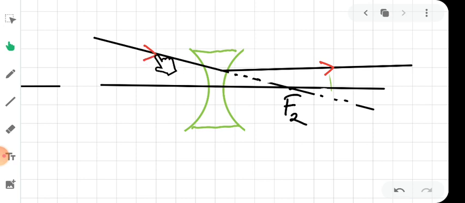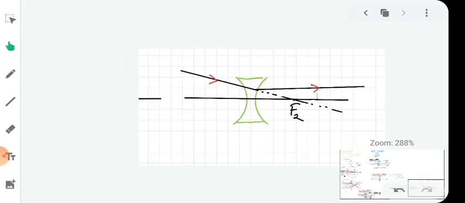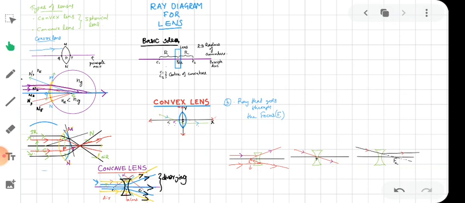What happens to such a ray which tends to move towards F2? It goes parallel to the principal axis. So a ray which tends to approach F2 will run parallel to the principal axis. So these are the three cases, and that's how we would be using the entire ray system to understand the ray diagram.